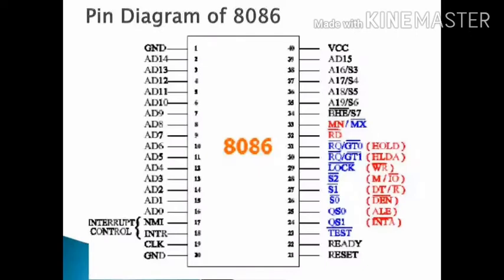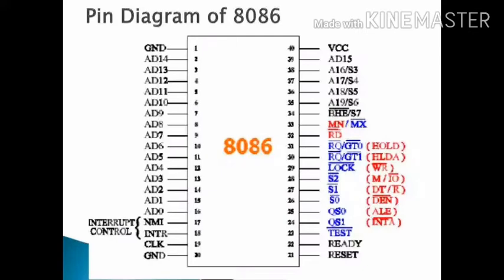Next pin at pin number 33 is the minimum maximum mode pin. If this pin is at 5 volt, then the CPU enters the minimum mode, and if it is connected to ground, then maximum mode will be activated. As already discussed, microprocessor 8086 can function in two modes, minimum mode and maximum mode.